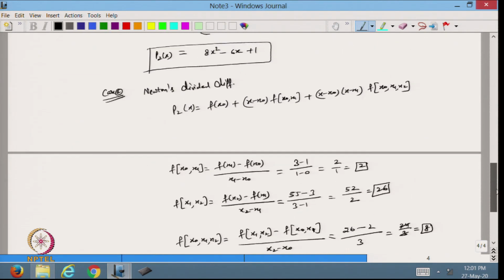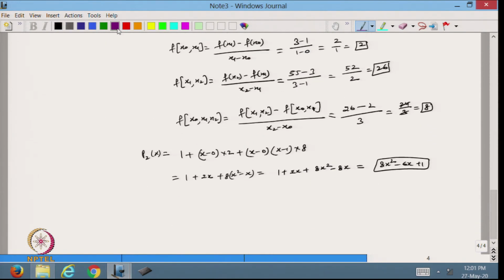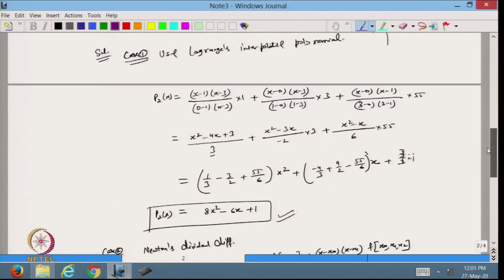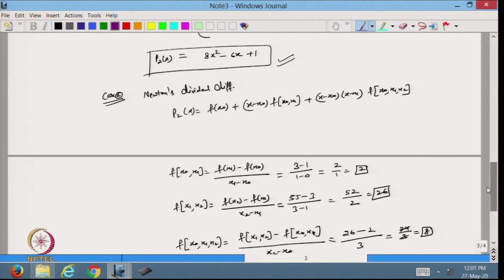And if you see, this is the same expression as we found using the Lagrange interpolating polynomial. So from here we can say that the interpolating polynomial is unique. The only thing is that we calculate it using Lagrange interpolation or using Newton divided differences.